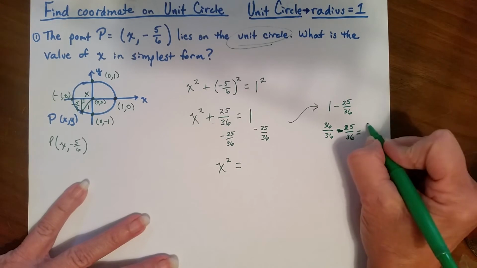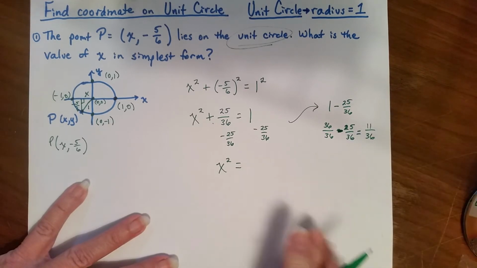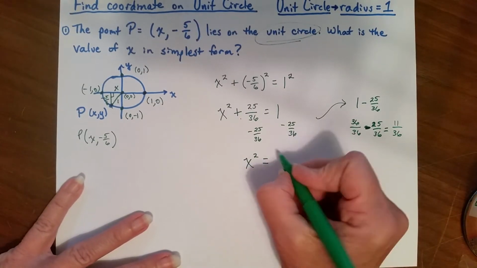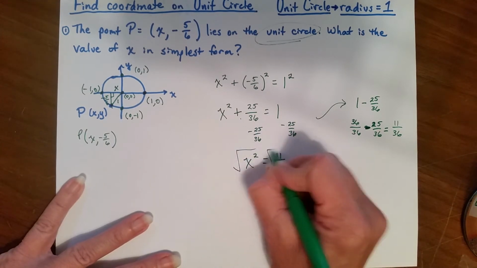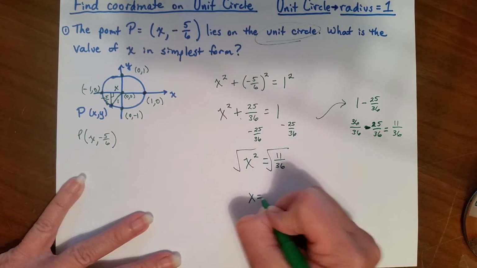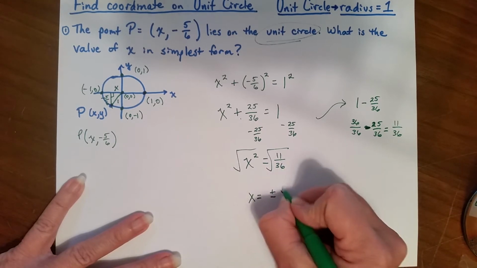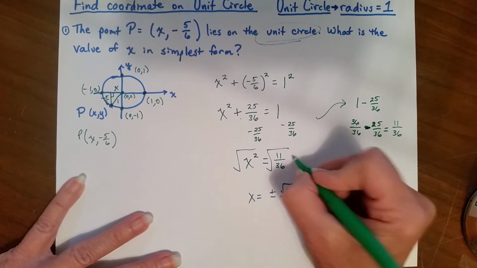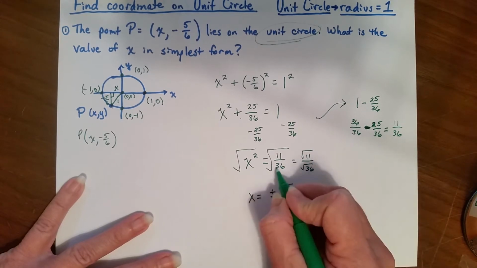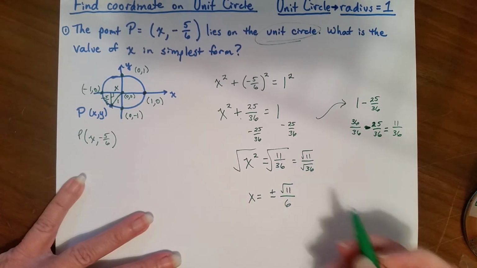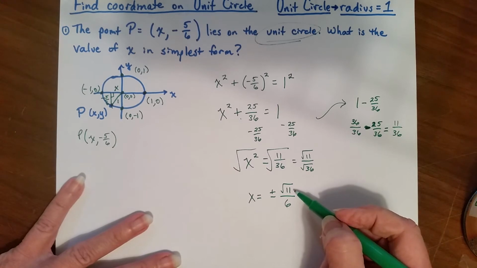So 36 minus 25 is 11, and that's 11 over 36. So x squared is 11 over 36. Now I'm going to take the square root. x equals plus or minus root 11 over root 36. The square root of 36 is 6. Root 11 cannot be simplified.